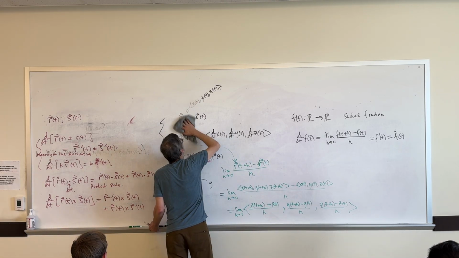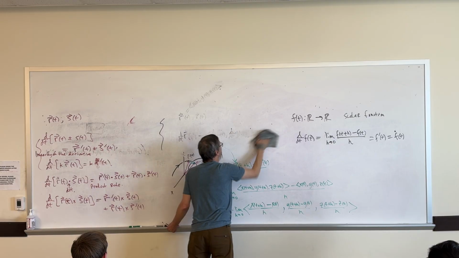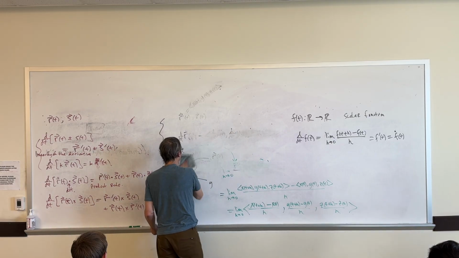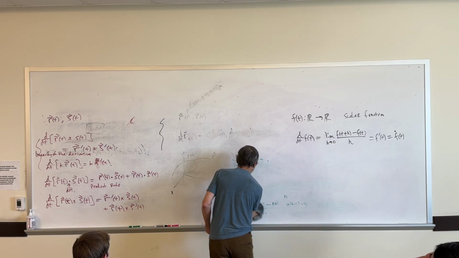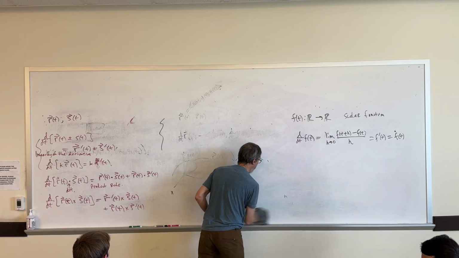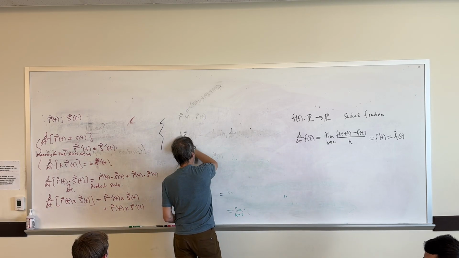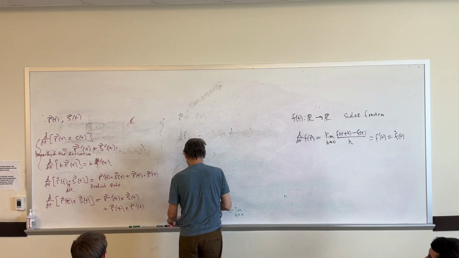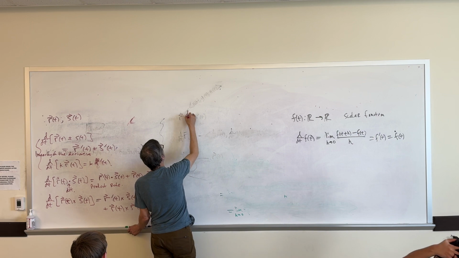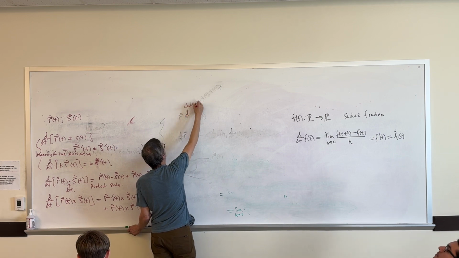So the chain rule is a little bit more complicated than Calc 1 chain rule, but not much. When we get to multivariables, then it's going to become a lot more complicated, but currently not so bad. So the last one is the chain rule.